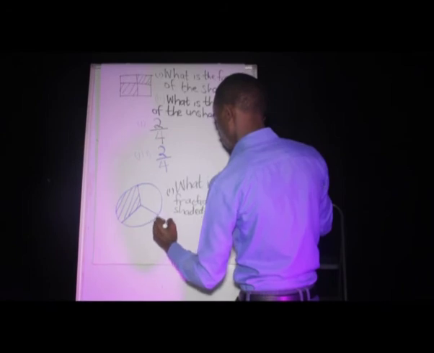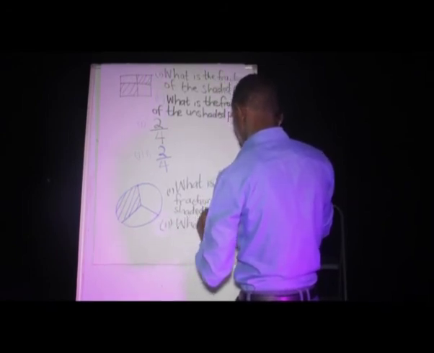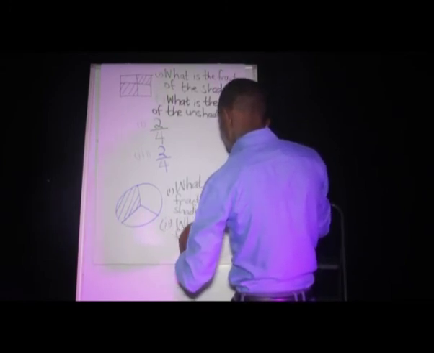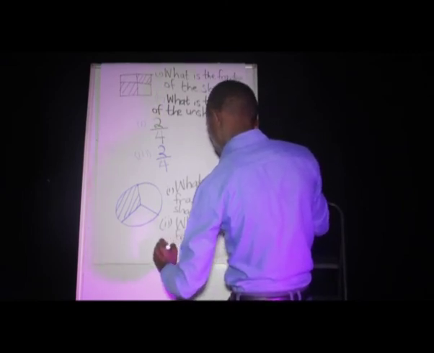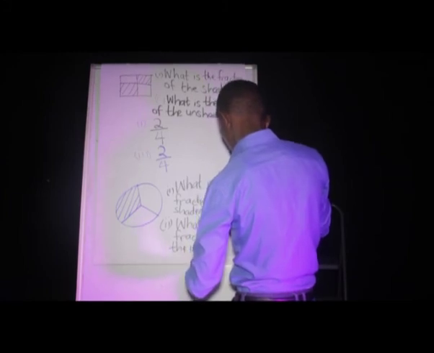And 2 is going to be what is the fraction of unshaded parts.